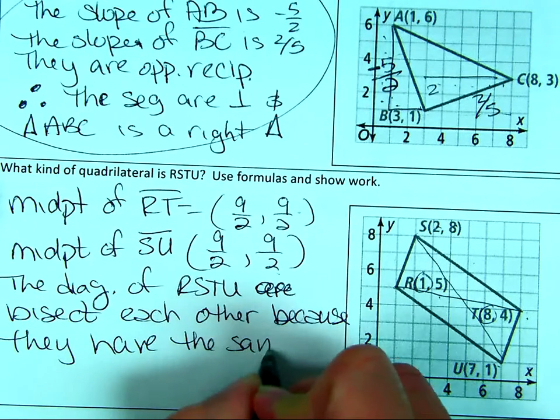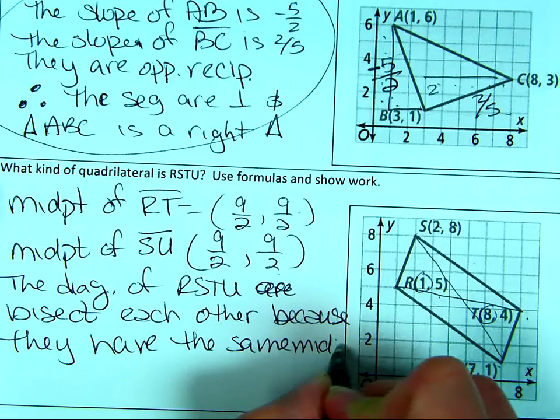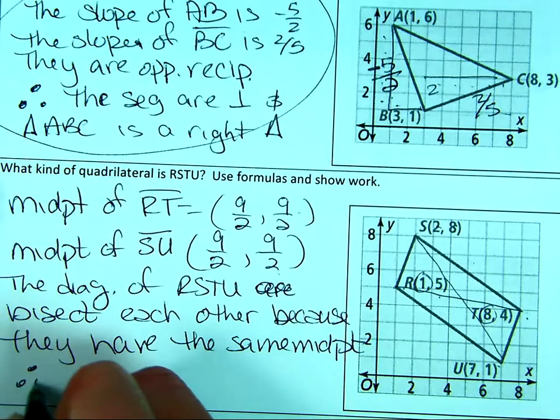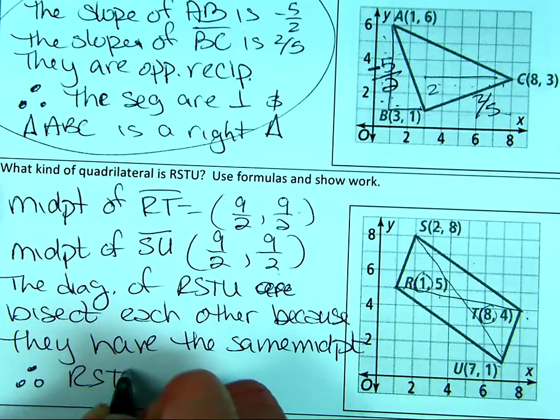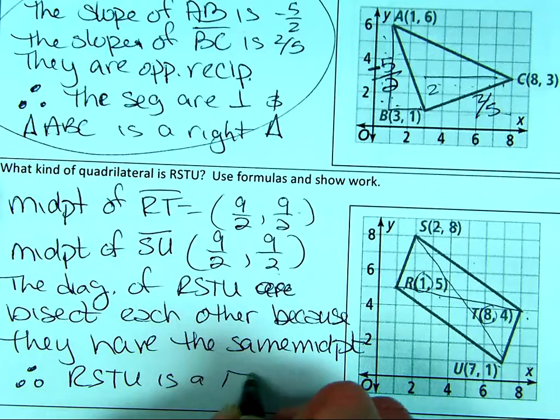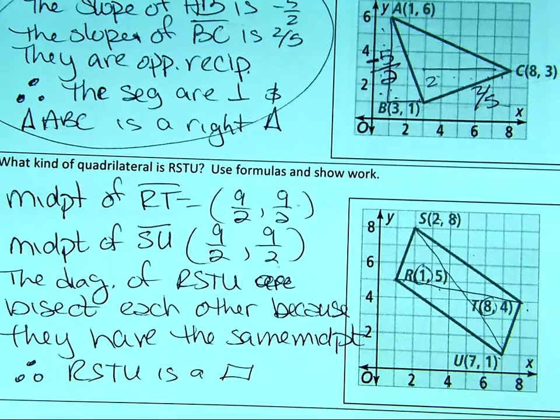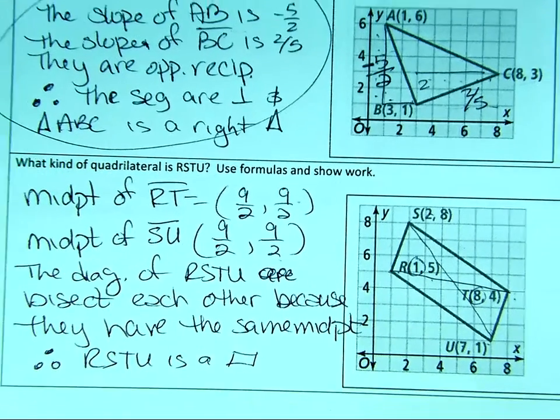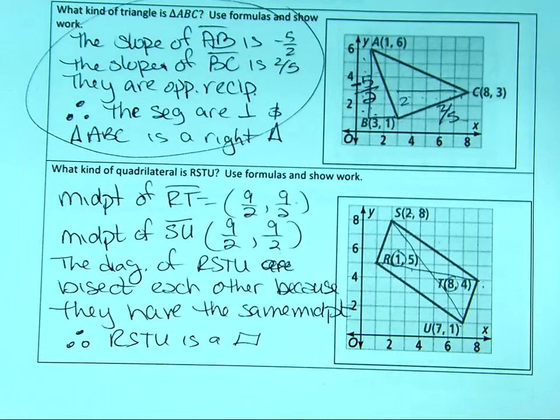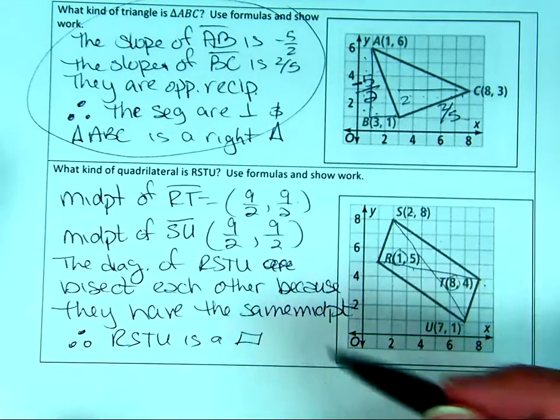Same midpoint. Therefore, remember my little triangle, RSTU is a parallelogram. Now, I might also want to say something about it not being a rectangle, but I think you can kind of see it.